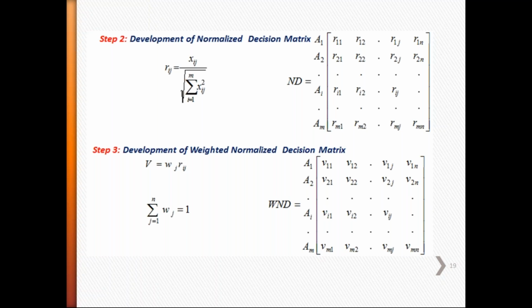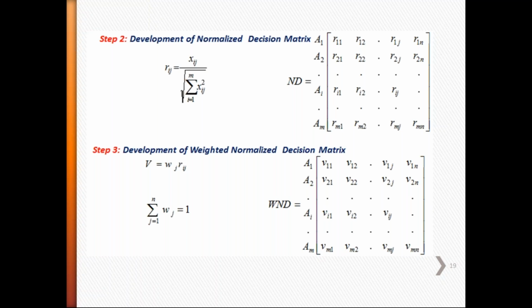Again, we assume C1 is benefit criteria, C2 is cost criteria. So from the first column, you select the minimum value and consider it as the C1 value for the anti-ideal alternative, because the anti-ideal alternative minimizes benefit criteria.